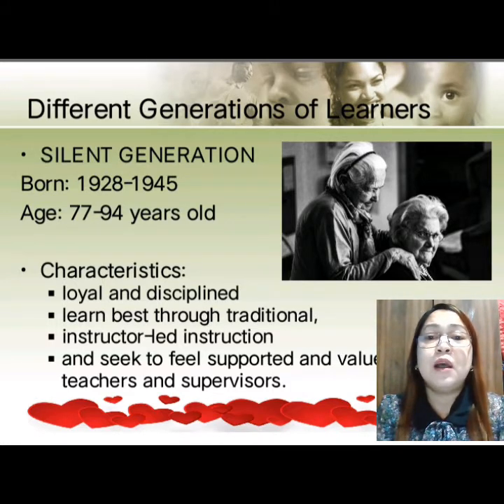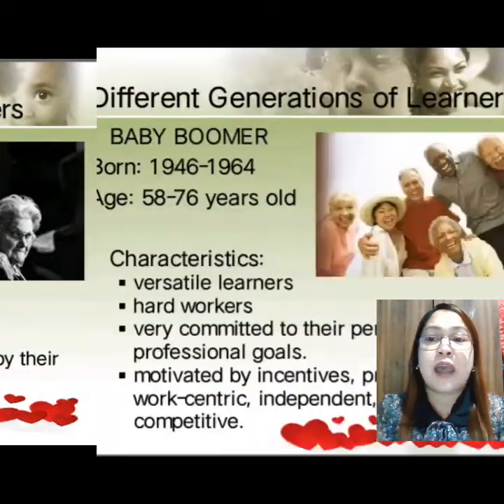The majority of them learn best through traditional instructor-led instruction and seek to feel supported and valued by their teachers. Traditionalists typically prefer structure, lectures, and direction on what is expected of them. They are more formal with their communication style and are less motivated by informal communication or learning style.